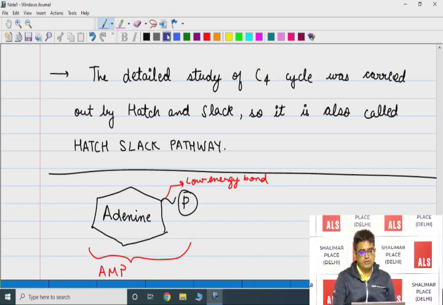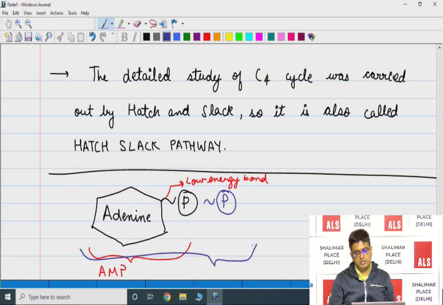Then we introduce another bond, another phosphate bond, the second phosphate bond. Now this molecule becomes adenosine diphosphate, and this bond is a high energy bond. The second bond is a high energy bond. If you break this bond, a lot of energy will be released.